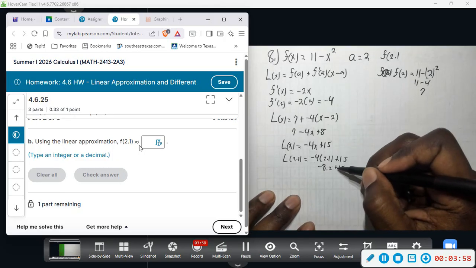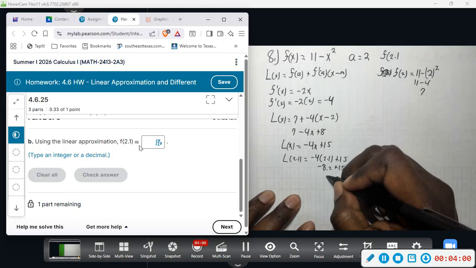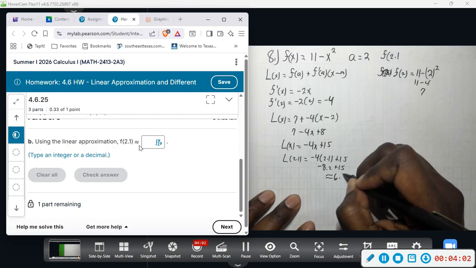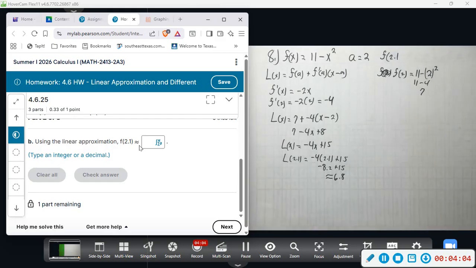Subtract, we'll get 6.8. So we think this is going to be approximately 6.8 using linear approximation.